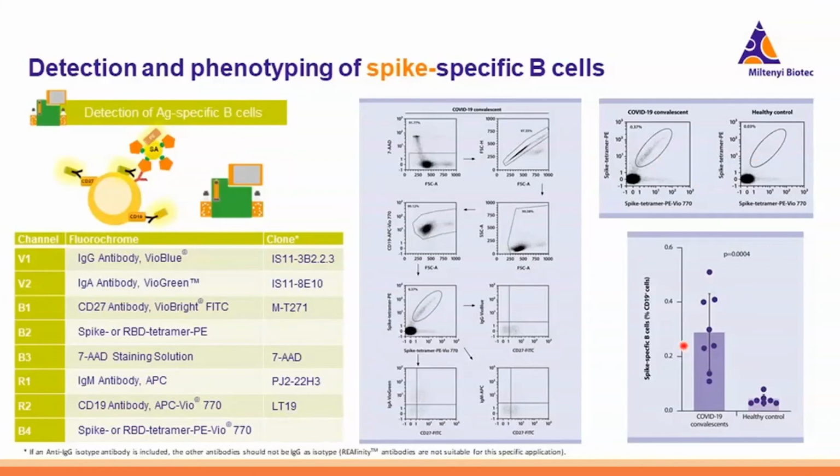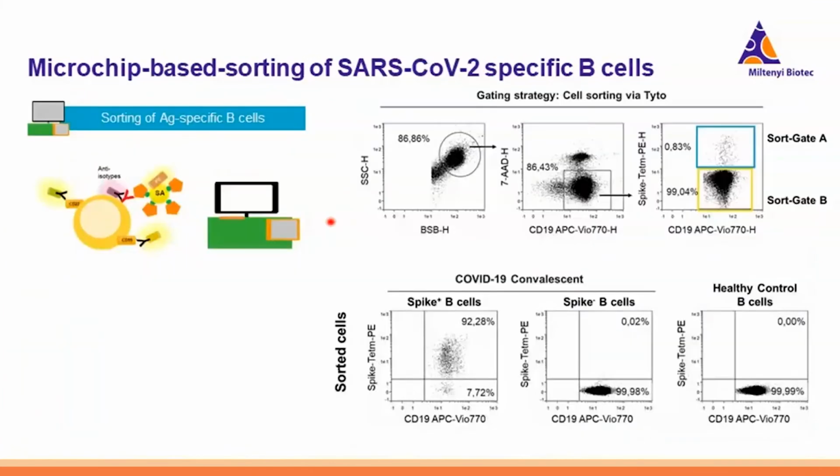And as expected, it was statistically significant to see that the healthy controls show a very low amount of antigen-specific B cells for the spike and for the RBD. And on the opposite, the convalescent individuals had presence of these cells as expected, which confirmed that our staining is specific.